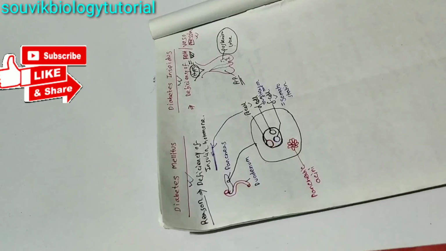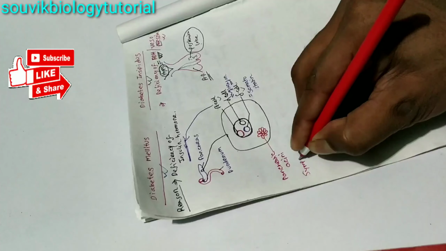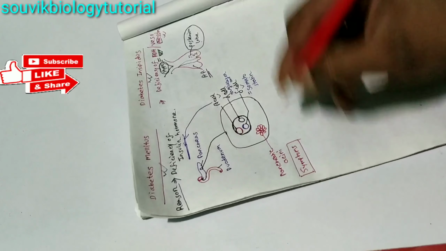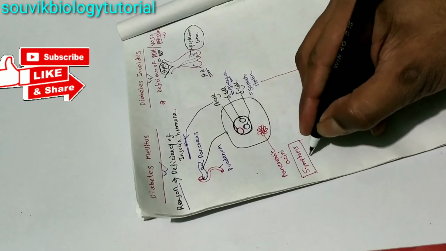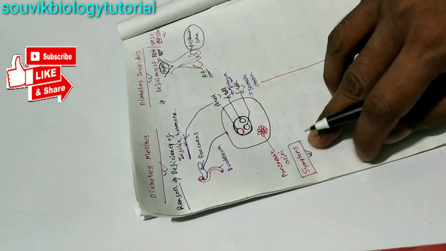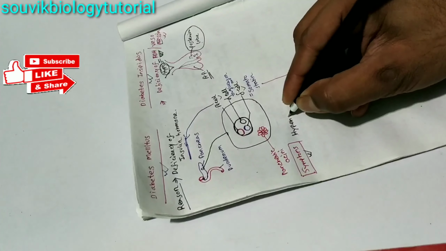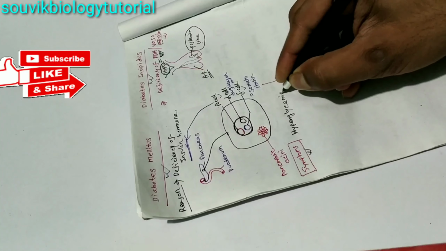Okay, now what are the symptoms of these diseases? First, I am talking about diabetes mellitus. What are the symptoms? The first symptom is hyperglycemia.